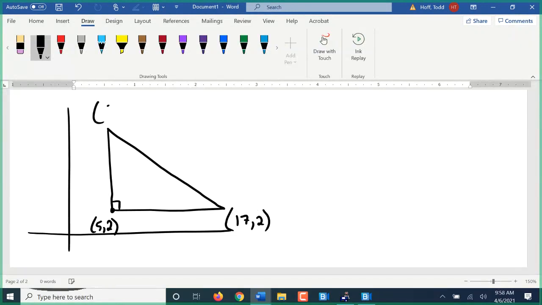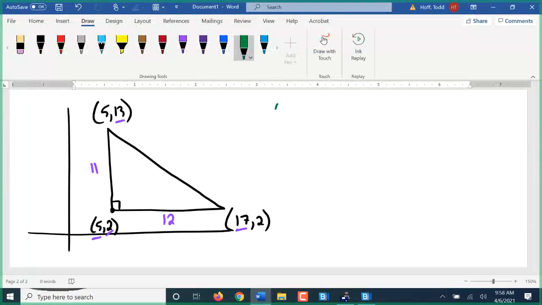And this vertex up here is at 5, 13. Just by subtracting coordinates, we can find that this is 12 units in size. That's the difference between the 17 and the 5. Remember, the x-coordinate describes the horizontal distance. And this here is 11 units. That's just the difference between the 13 and the 2.